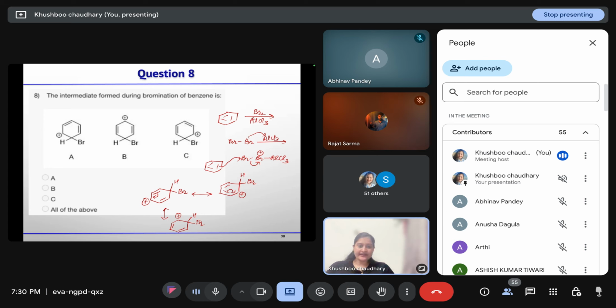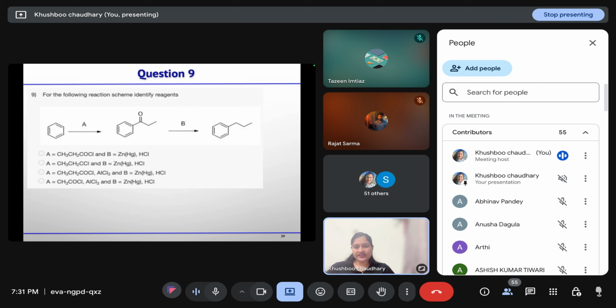So which option is correct? D. All of the above are correct. All these are resonating structures of each other. Clear? Yes, ma'am.